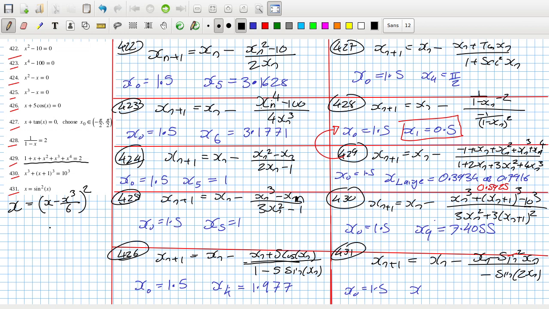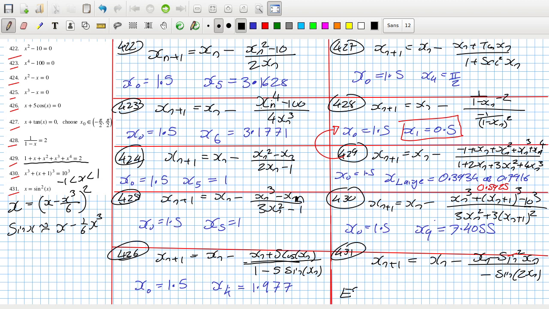Approximately speaking, sine x is roughly the same thing as x minus a 6th x cubed if x is small, which I think it should be. That's the only way the solution makes sense, because x can't go beyond 1. So we know x should be between 0 and 1. Oh, so maybe I shouldn't have started at 1.5, but that doesn't matter actually, because I got values less than that.